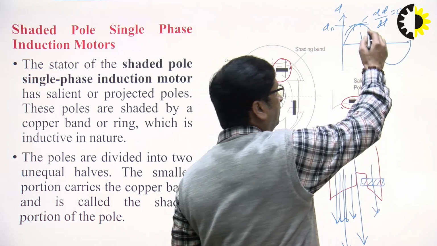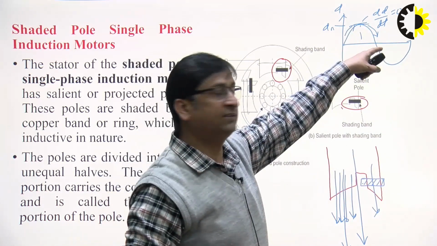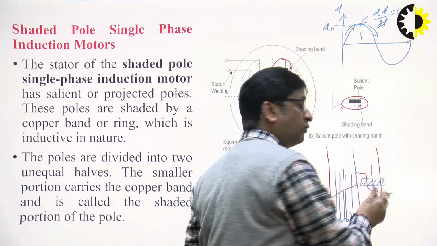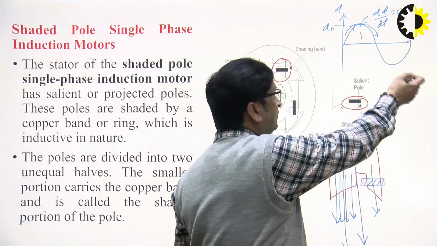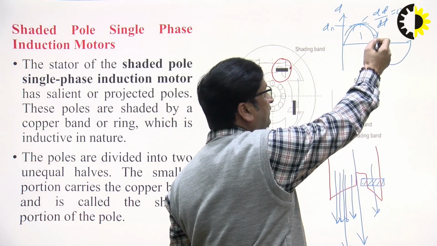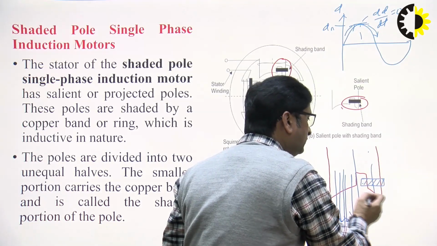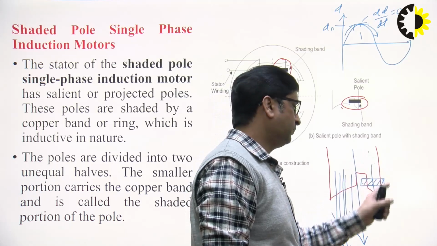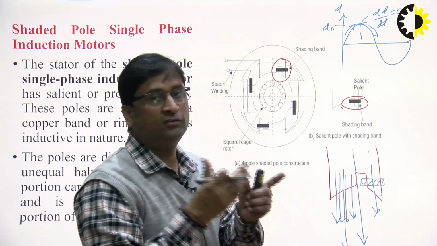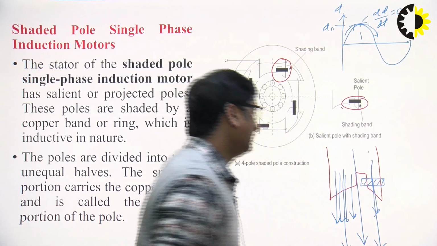And in the third region, d phi by dt is decreasing. In this case, the shaded part will assist the main flux, because it is opposing the decrease, and hence this part will have the strong flux, and the magnetic axis will be shifted to this side.